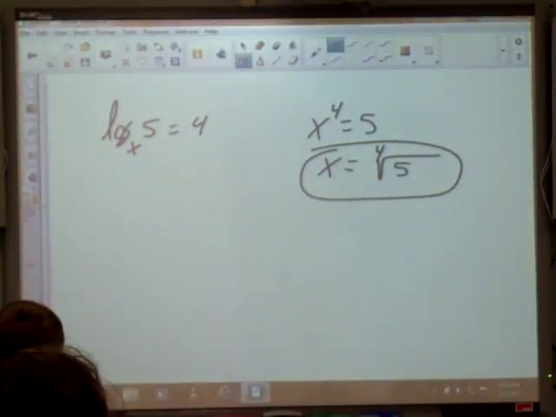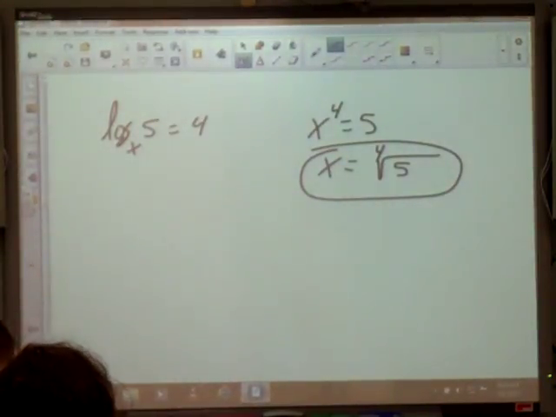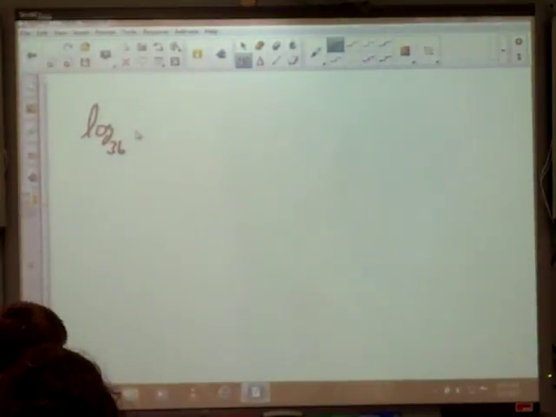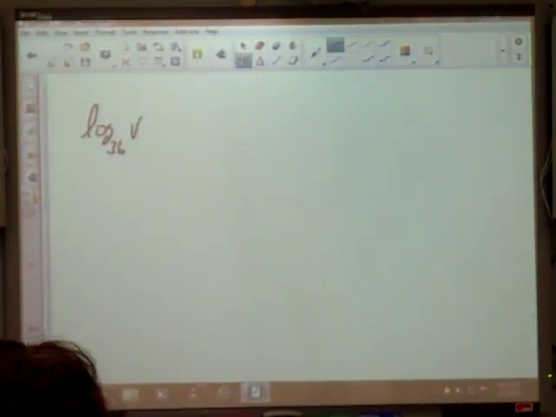Alright, we had an answer that was in radical form there, so let's do one now where the problem starts out with a radical in it. Let's look at log base 36, that's random, of the 4th root of 6 is equal to x.